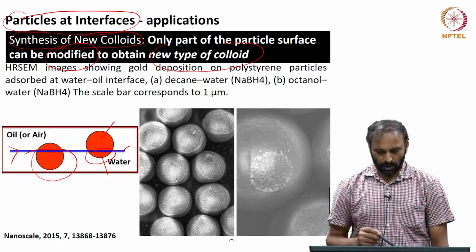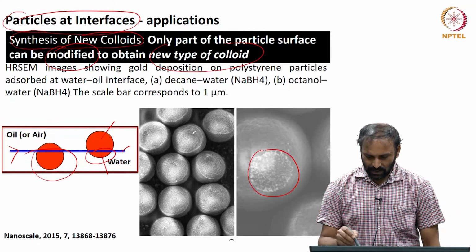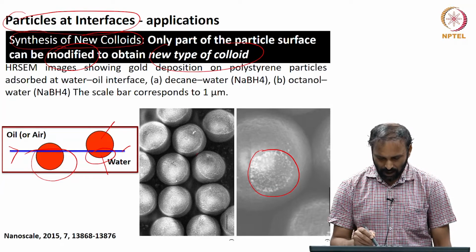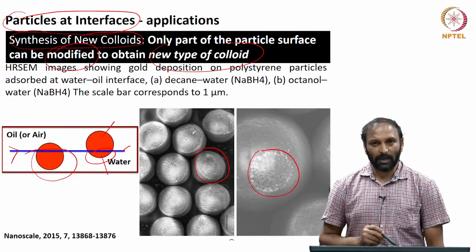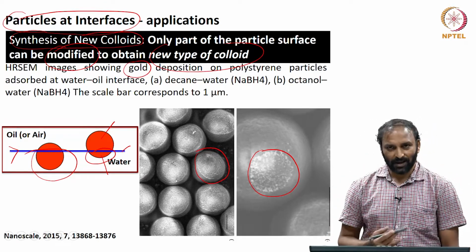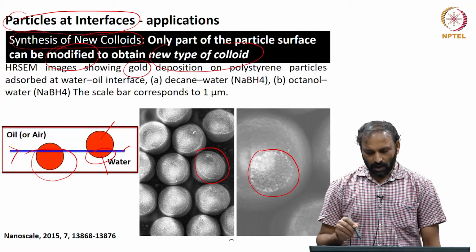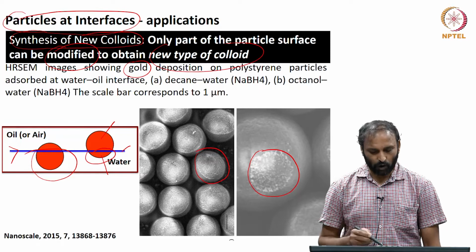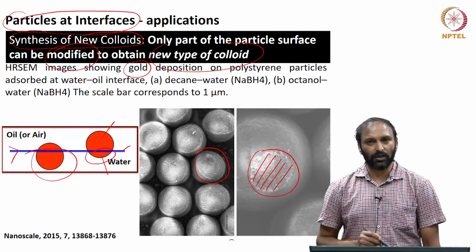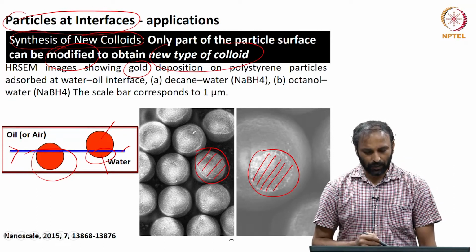What is shown here is an example where a part of the surface that is in contact with water, for example, what is circled here and here, has been coated with gold nanoparticles, and depending upon how much of the surface is in contact with water, I can have either a smaller region coated with gold or a larger fraction of the particle surface coated with gold.